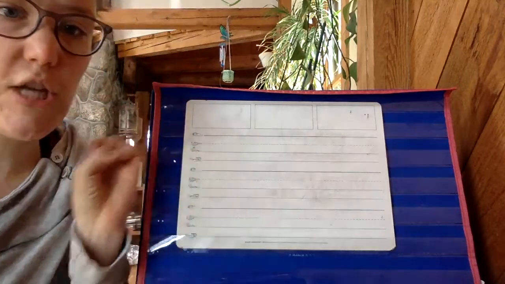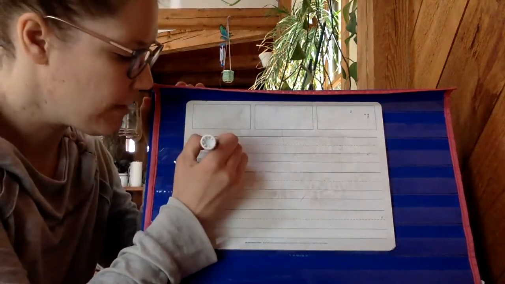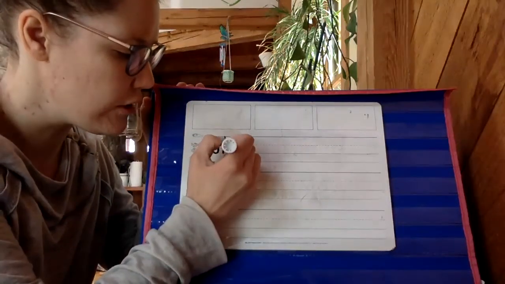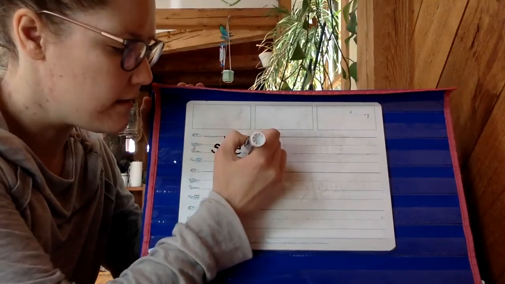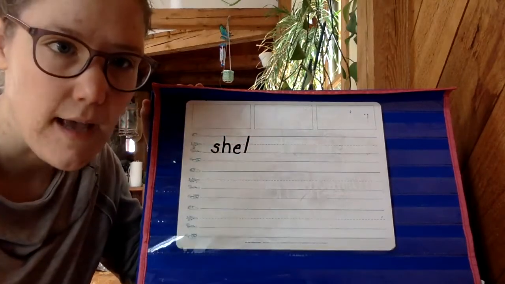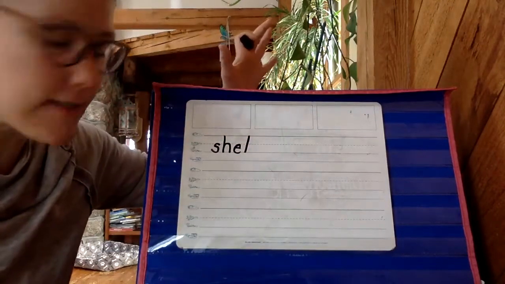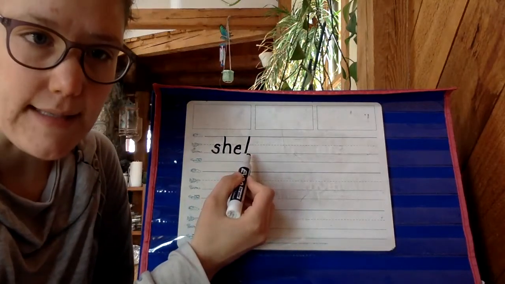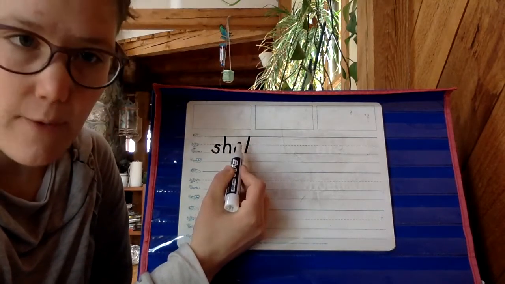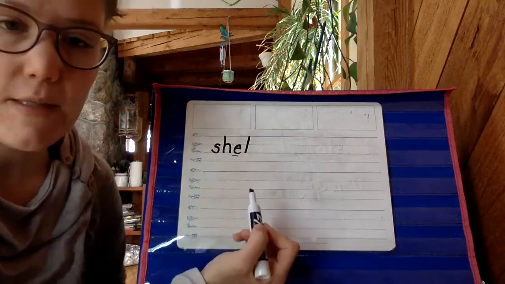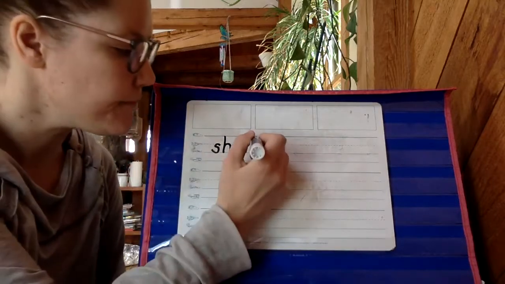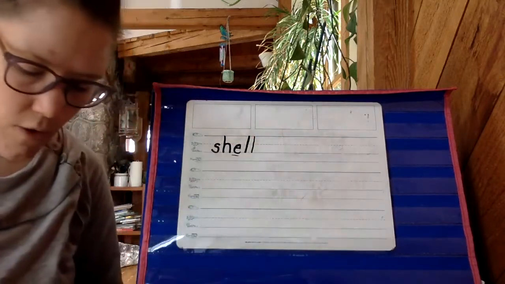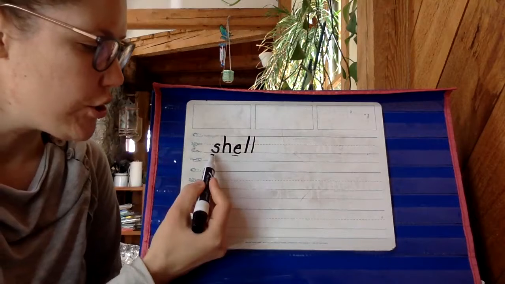Sh, e, ll, shell. But wait a minute, I hope there's yelling in your house happening that we have an F, L, or S after a short vowel. That means we put two. Okay, we have the base word, shell.